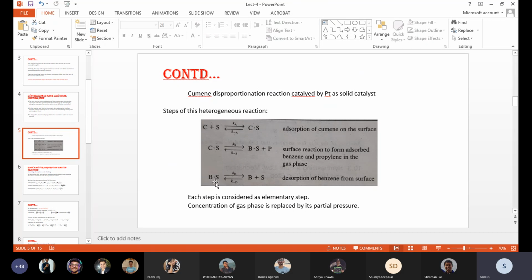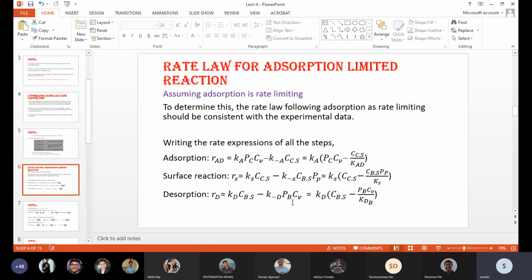B dot S is the occupied site which is making B free, and CS also free. So obviously we have to write the concentration of B in terms of the partial pressure of B and the concentration of the vacant site. In the denominator we are writing Kd of B, that means the desorption equilibrium constant of B, benzene.